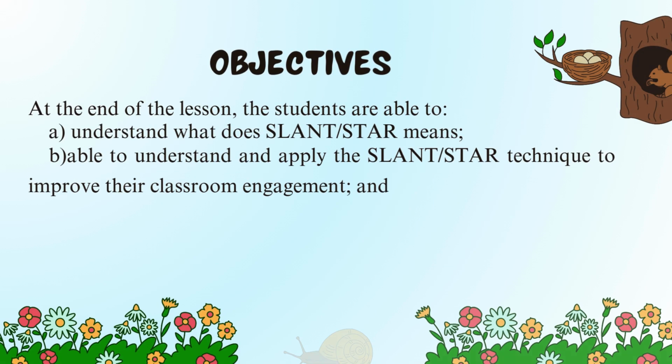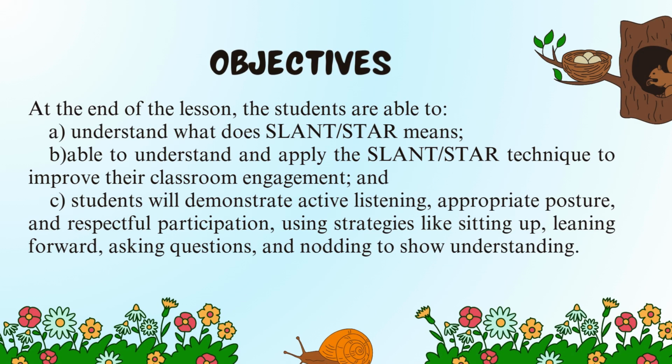So, to continue with our discussion, may you let me read first our objectives for today's lesson. At the end of this lesson, the students are able to understand what the SLANT or STAR means.